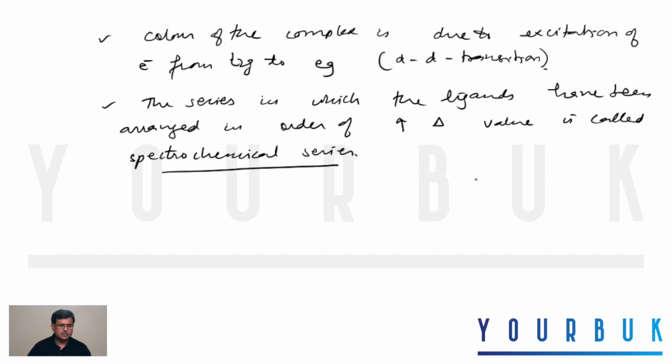Some of the ligands arranged in the spectrochemical series are these. CO is the strongest ligand, then comes CN negative, then comes water, then ammonia, and then comes Cl. This is the increasing delta value.